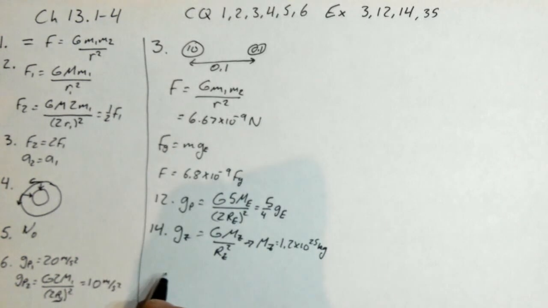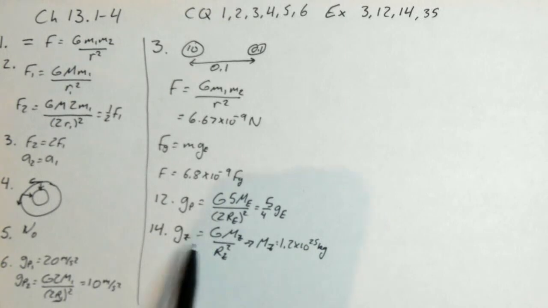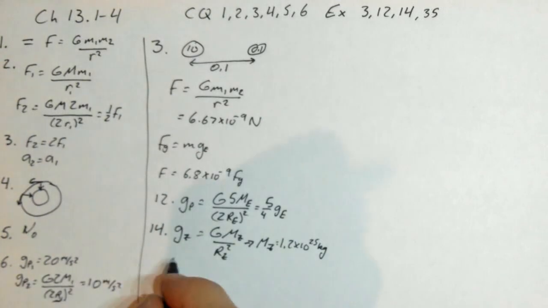Part B is, what is the free fall acceleration when you're 10,000 kilometers above the surface of planet Z? Since the radius is 10,000 kilometers and you're that much higher above, the distance from the center to you is twice the radius.